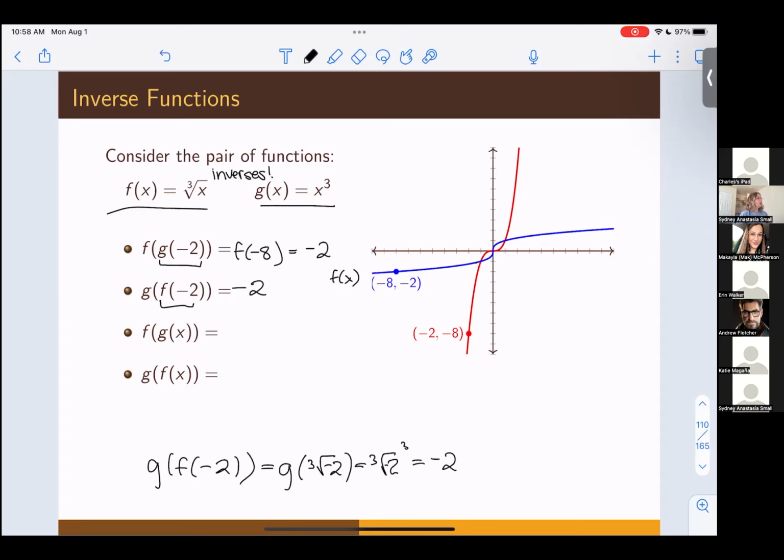So in general, because they are inverses, regardless of what x we put in here, if we compose that function with its inverse, it's just going to give us x back. Same thing if we go the other direction, it is just going to give us x back. Essentially, the key slogan for inverses to remember is that inverse functions undo each other.